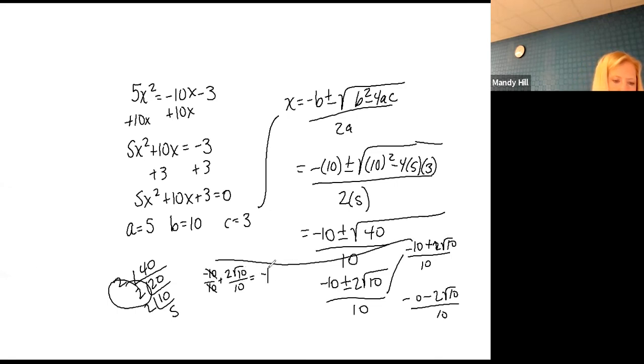We would just be having negative 1. 2 and 10 can both be divided by 2. 2 will go into 2 one time. So then we would just have plus square root of 10 over 5. If we divide 10 by 2, it's going to give us 5. Well, the opposite of that would be negative 1 minus the square root of 10 over 5. So both of these would be answers when we reduce those two.